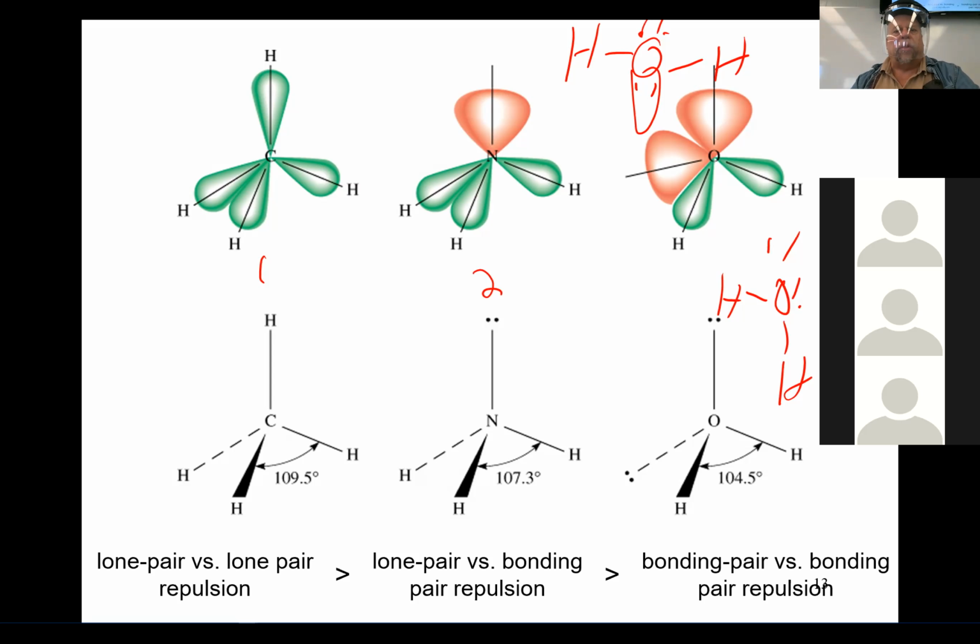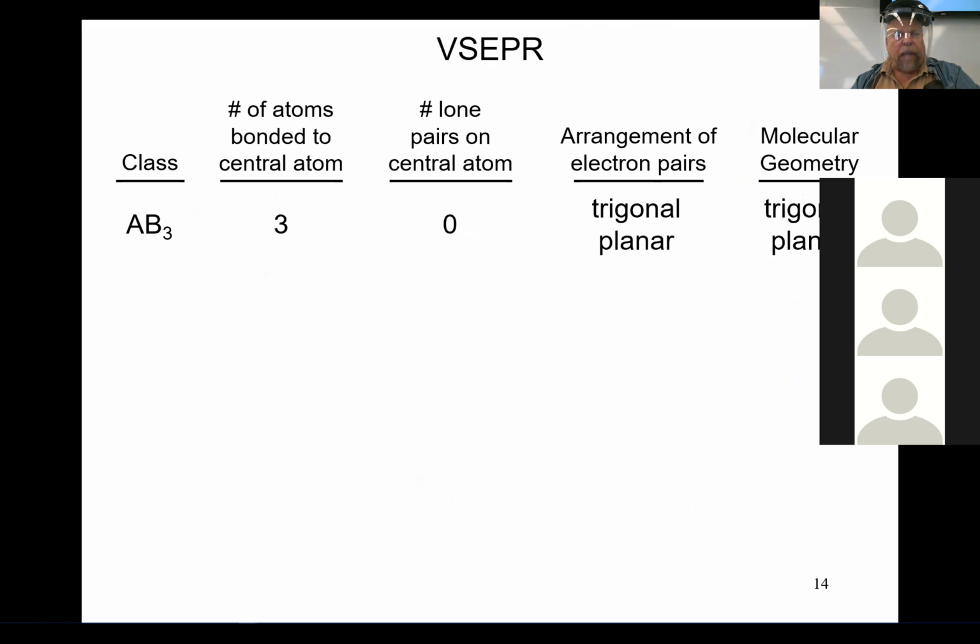And 2 extra electron pairs associated with the oxygen are there. And the angles change.